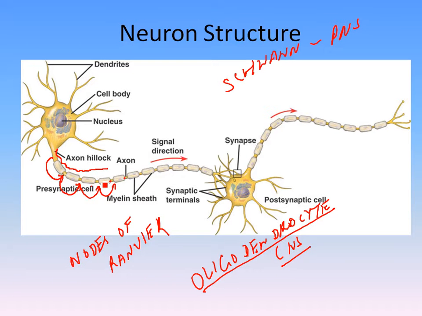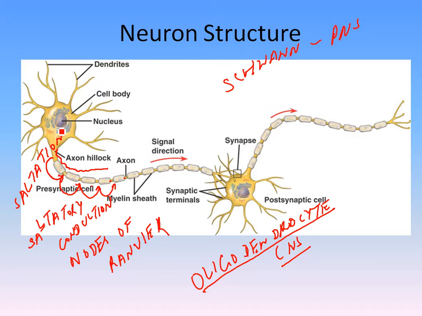So this sort of propagation is going to be faster and is called saltatory conduction or saltation. Thus, myelination allows an increase in impulse speed without an increase in axon diameter.